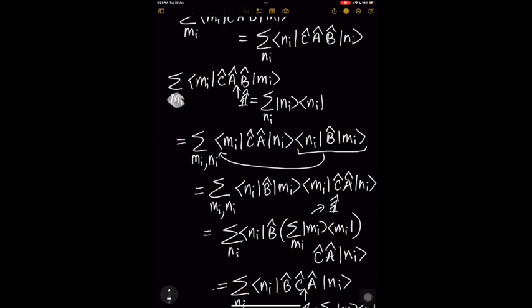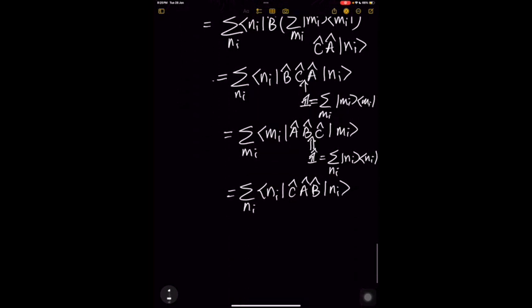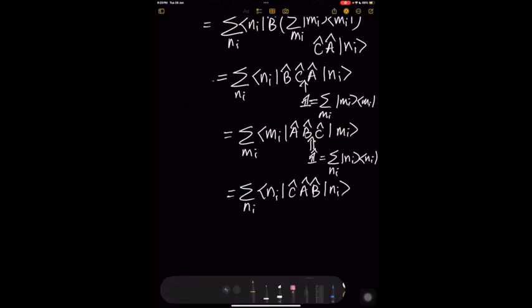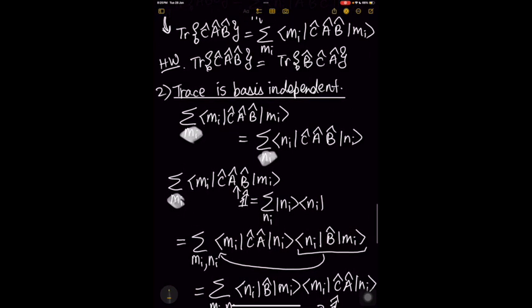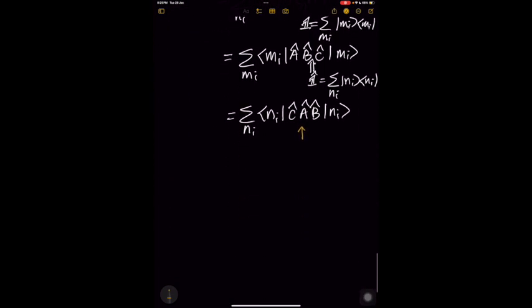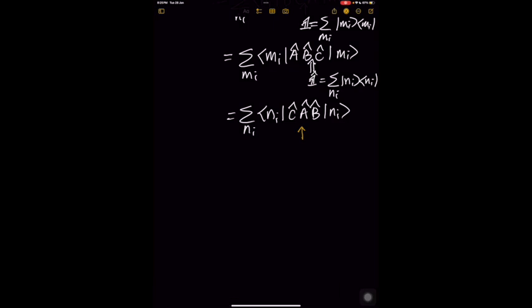And then you wanted to prove that this is equal to the case where you take the trace of CAB with respect to the n sub I basis, which we have done here. So this is proved. So what does this mean? This proof is a bit tricky, but what it ends up proving is that the trace is independent of the basis in which it is taken. So let me give you a quick summary of property 2. Quick summary.